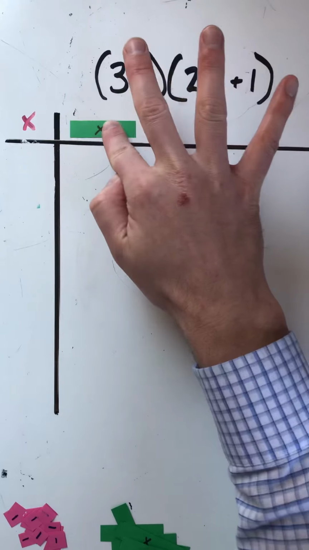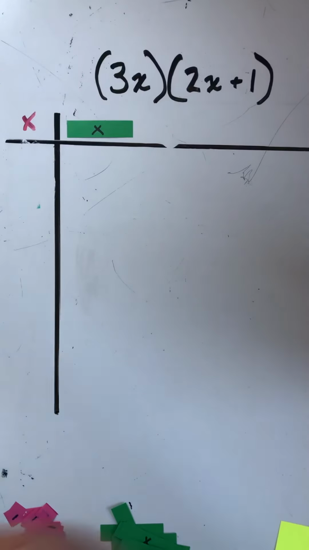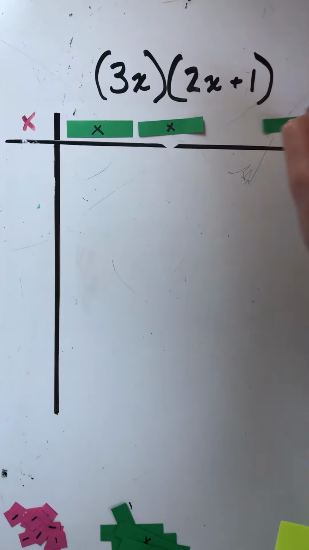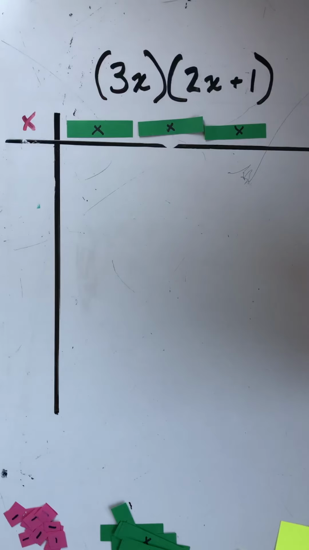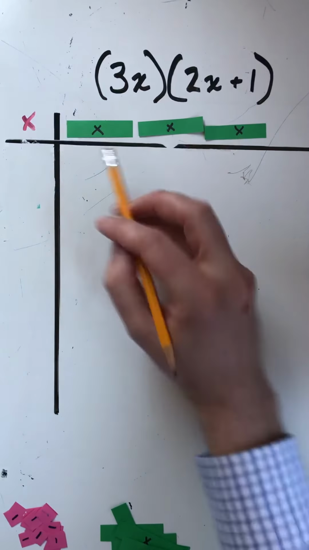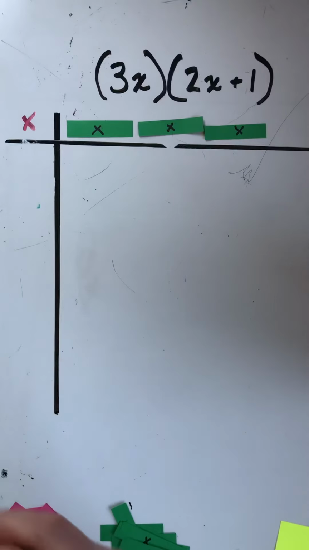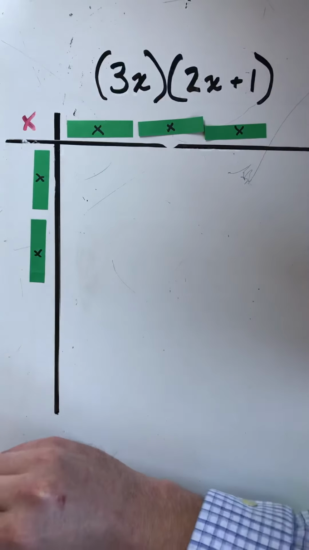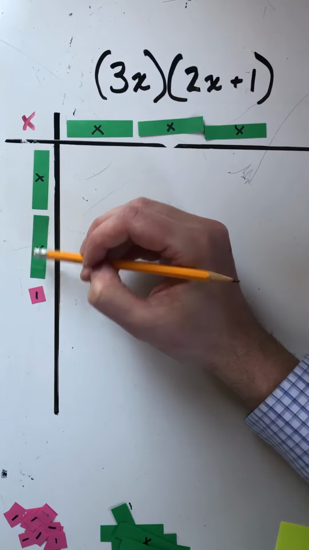So I slot in 3 x's with my algebra tiles, and that's my first factor. I want to multiply 3x by 2x plus 1. There's an x, there's another x, and there's a 1.